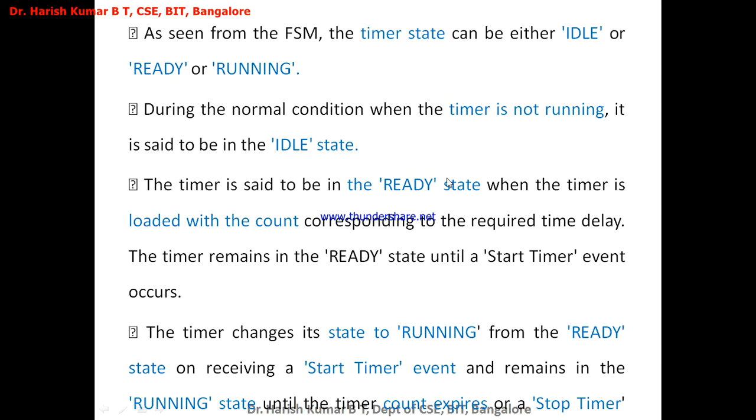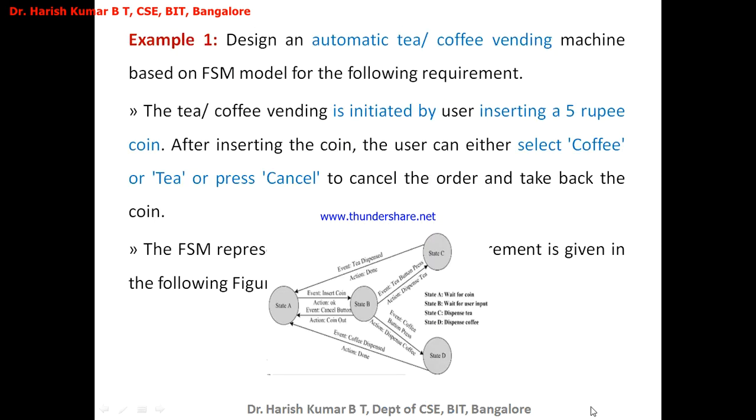It is said to be in the ready state when the timer's new count value is loaded to it, and it's said to be in the running state when it receives the start timer event. In the running state, it starts decreasing the timer value, and when the count reaches 0, it goes to the stop timer event and gets back to the idle state again.